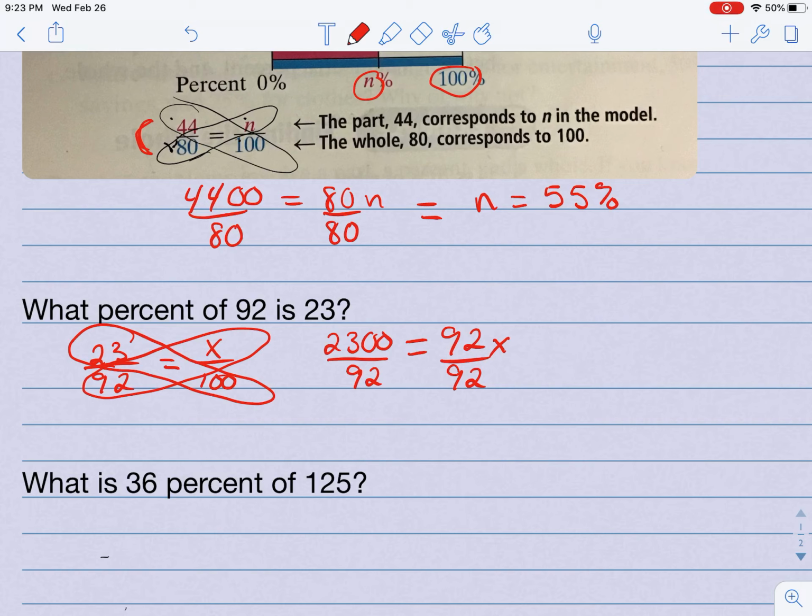So what you have there is 2300 divided by 92, and that's going to equal x, which equals 25%. You could have also done 23 divided by 92, which gives us 0.25, and then we multiply that by 100 to get 25%.